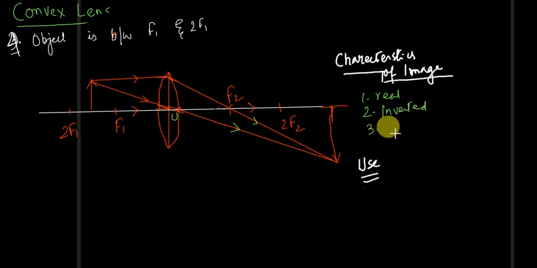Image is formed beyond 2f2 and image size is magnified. The image size is getting increased, so it is magnified. What is the use? It is used in cine projectors.